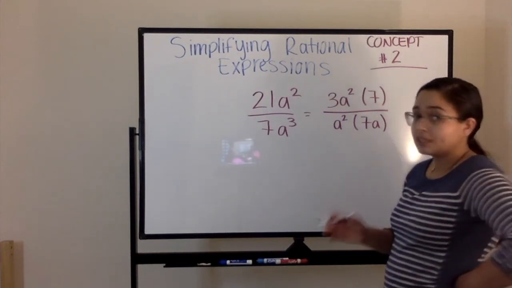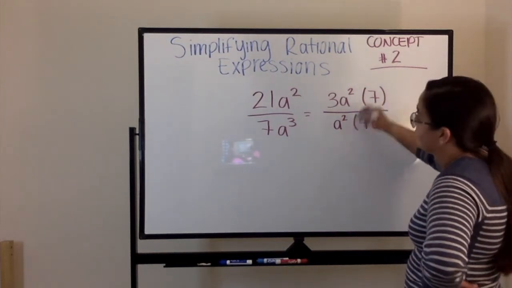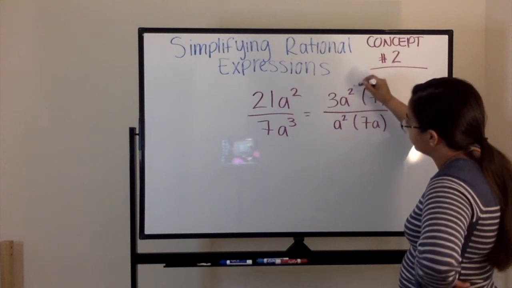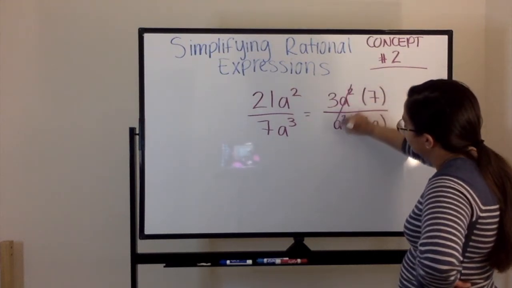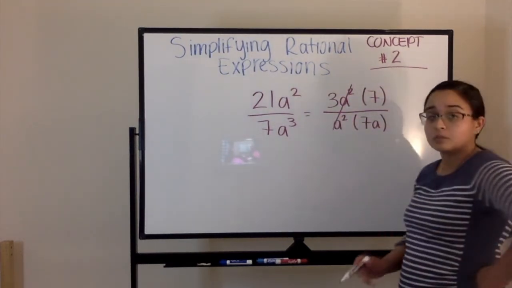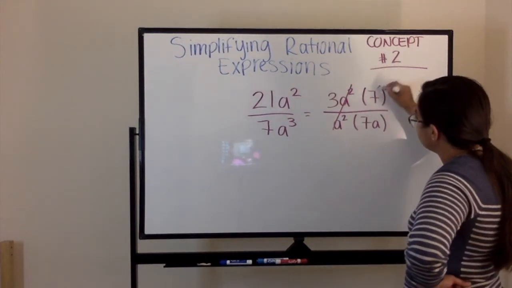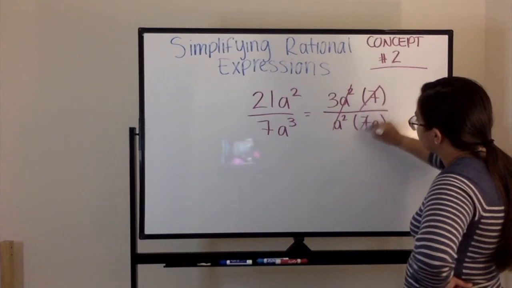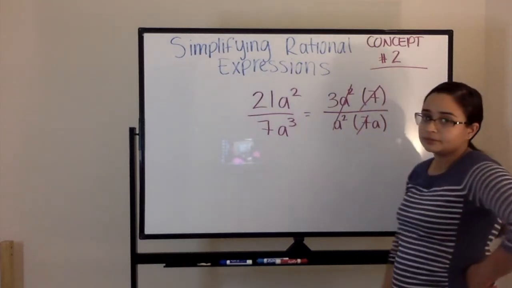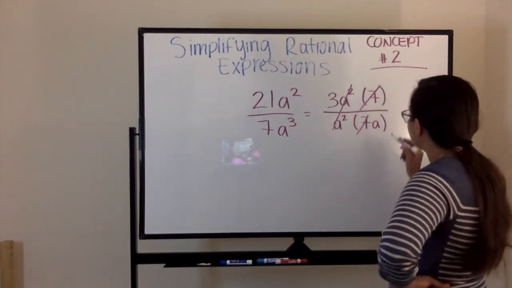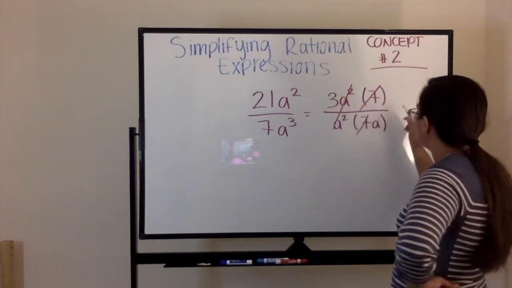Now, just by looking at it, and if I divide, simplify, I know my a squares would cancel each other out, and my 7s would cancel each other out. Okay, that leaves me with 3 over a.